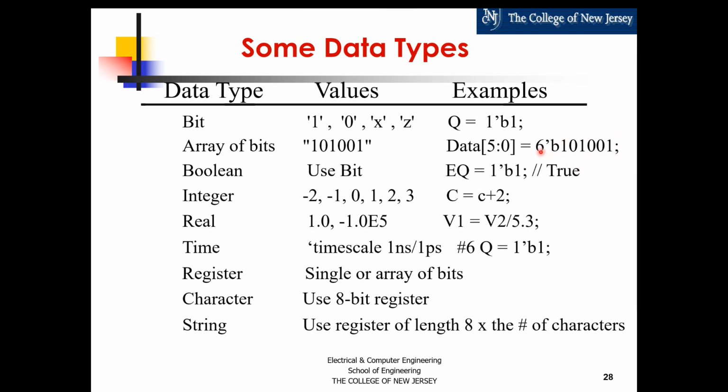I could have said 6'd41 or 6'h29. So this is always the width of the actual bits that matches the width of the declared data. This is the base in which this value is represented. Okay?